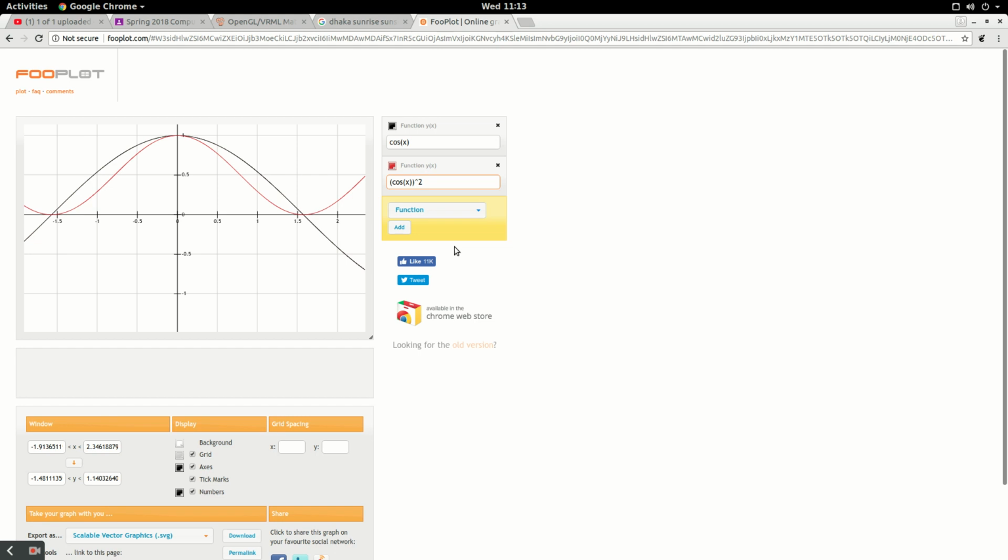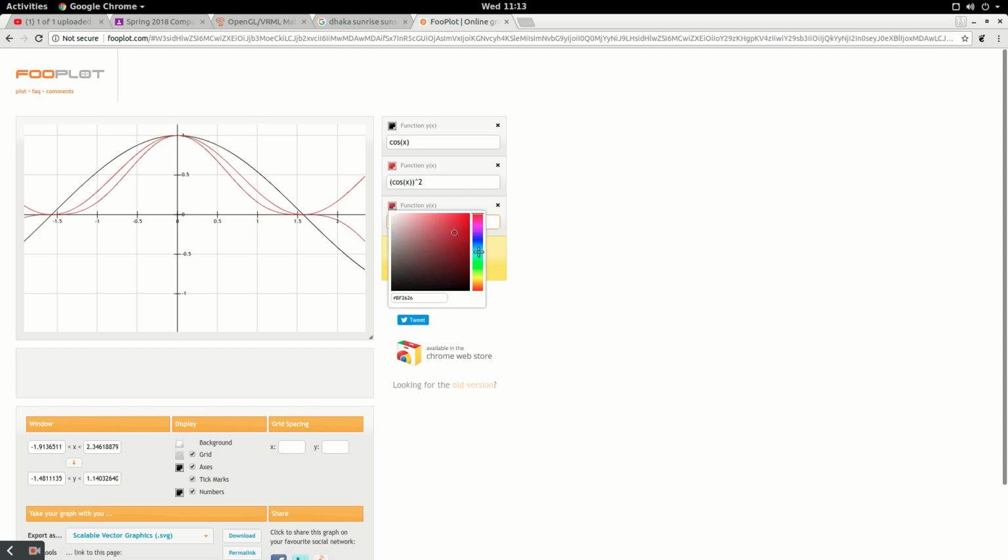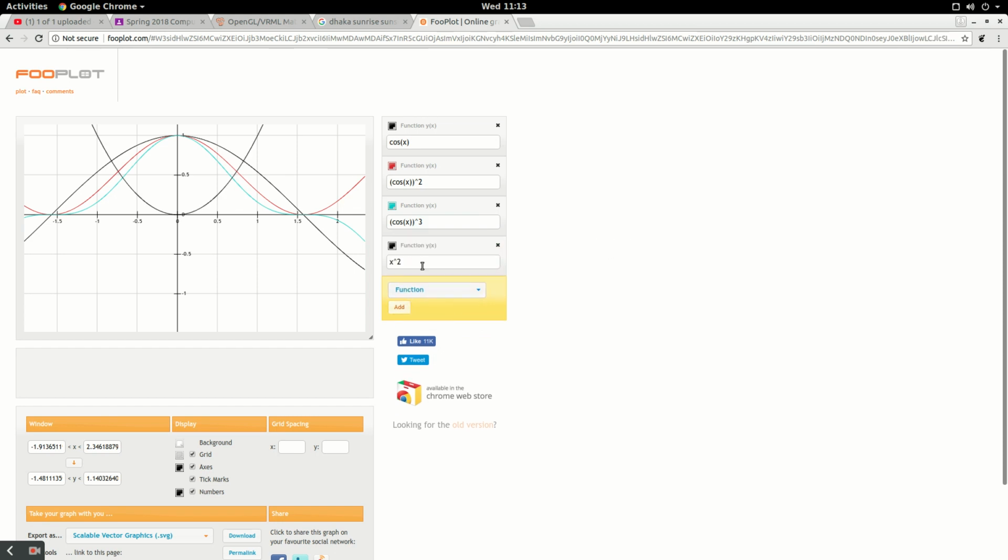That's cos square x. Let us add another function for cos cube x. Okay, and one more: cos 10x.